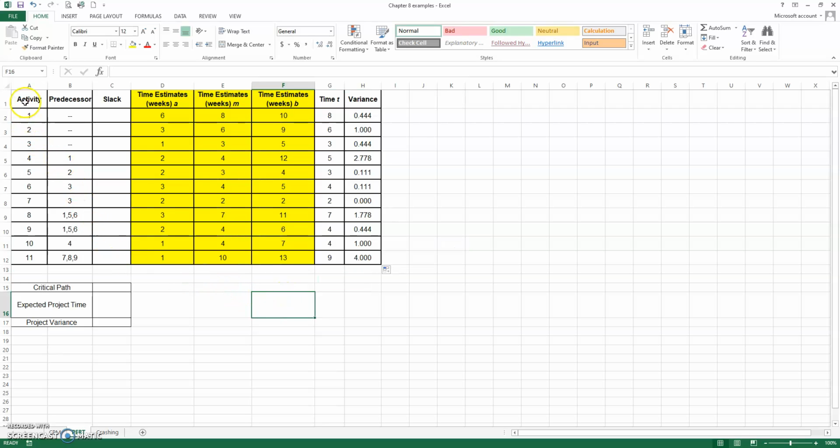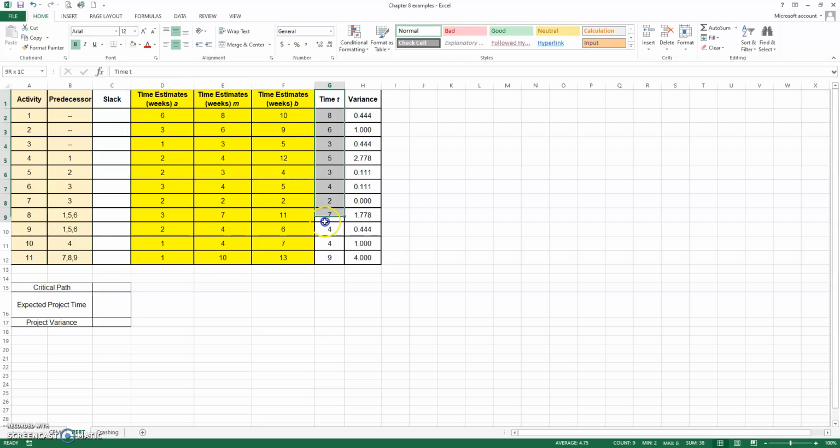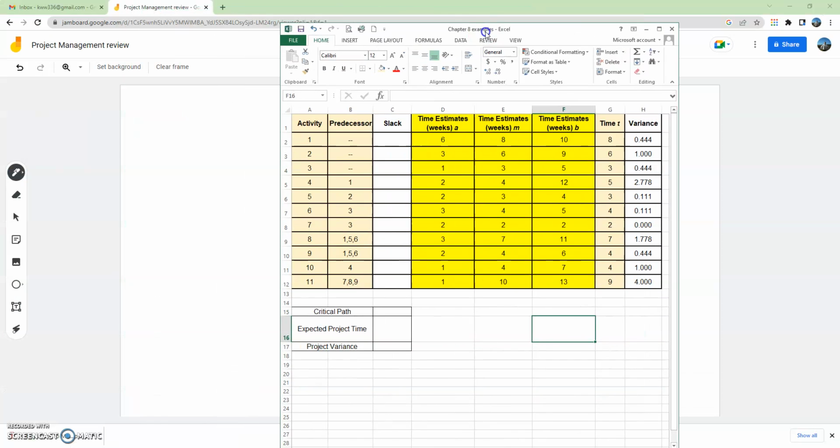Now with this project we have the 11 activities listed here. Let's show that in a different color. And the time. So we're going to develop our project diagram using the activities 1 through 11, the predecessors, and the expected time, the time value in column G. So I'm going to go into a Jamboard and draw this out.